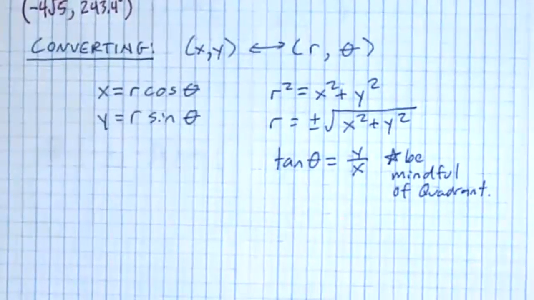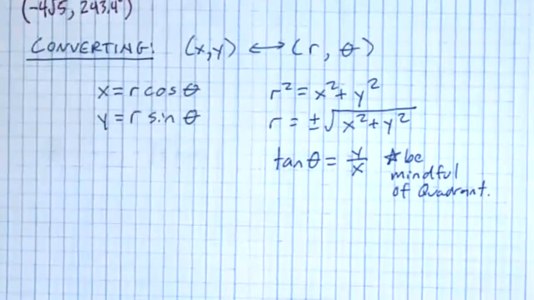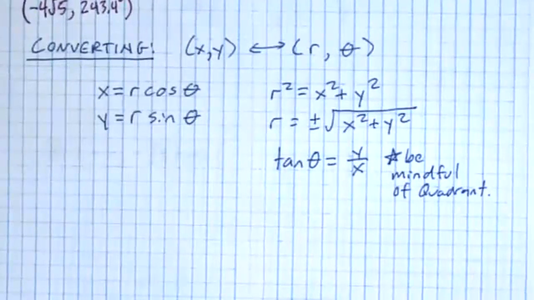A lot of times you'll solve for theta, but if you're using an inverse tangent to solve, you may not be finding theta, you may be finding a reference angle rather than theta. So you may need to do a little bit more work to find theta: add or subtract from either 180 or 360. We'll look at some examples of that in a minute.